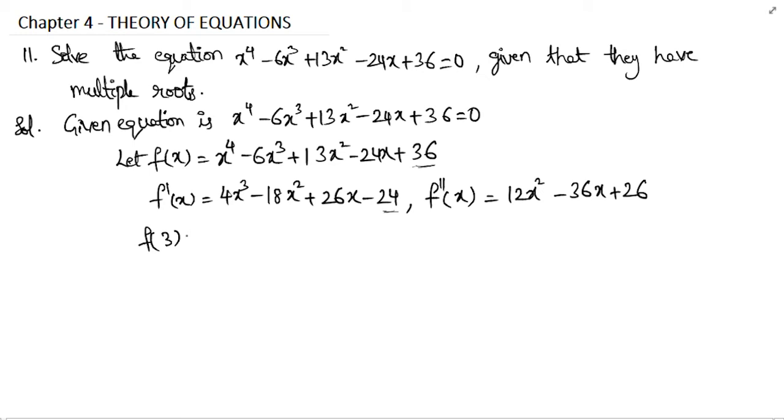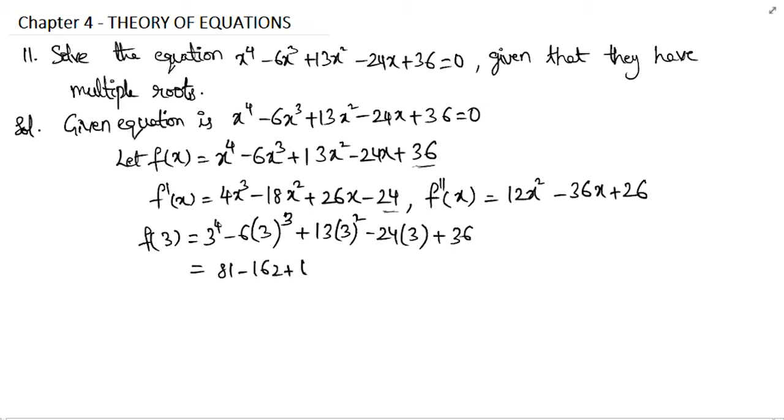So we'll substitute 3 and check. f of 3 is equal to 3 power 4 minus 6 into 3 cube plus 13 into 3 square minus 24 into 3 plus 36. That is equal to 81 minus 162 plus 117 minus 72 plus 36, which is 234 minus 234, that is equal to 0.